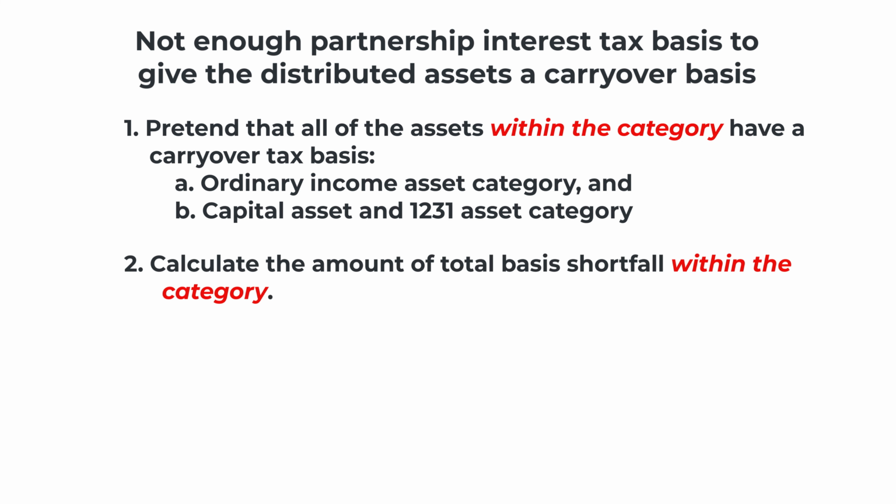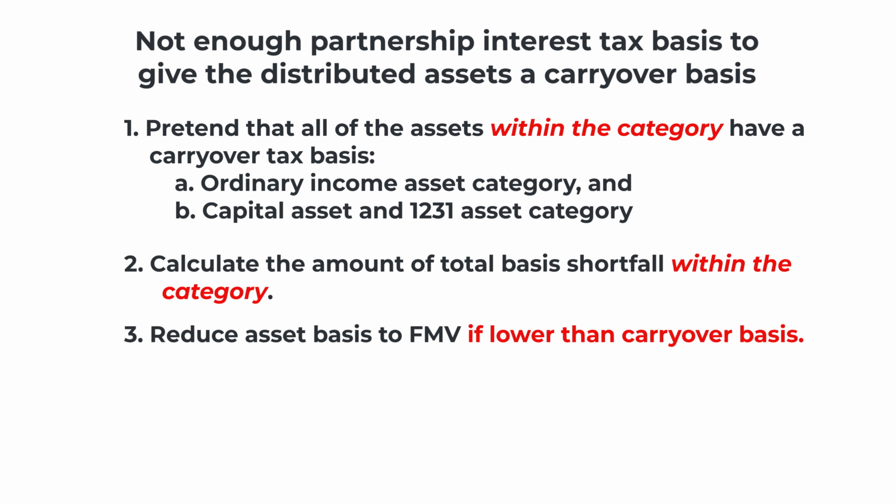Calculate the amount of basis shortfall that prevents this from happening. Third, reduce the basis of assets that have a lower fair market value than the tax basis until that asset tax basis is equal to fair market value. In other words, reduce tax basis to fair market value if fair market value is lower.